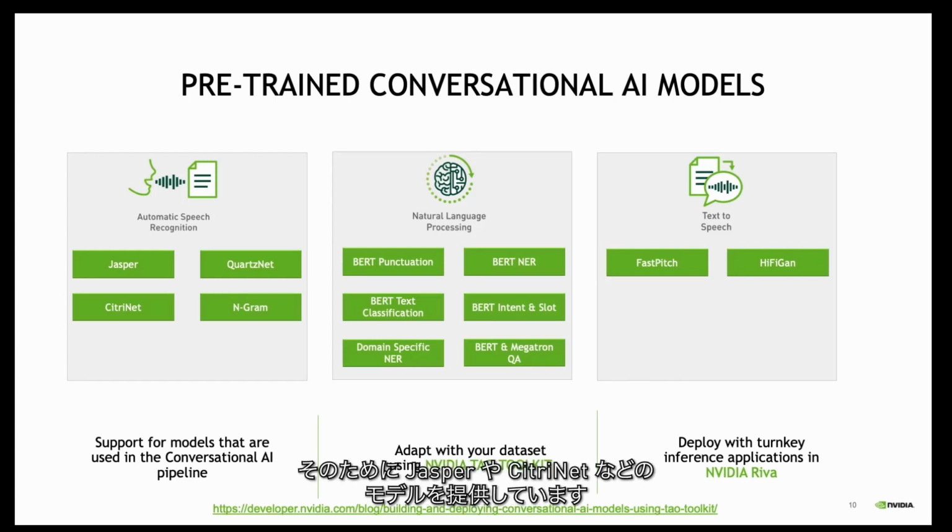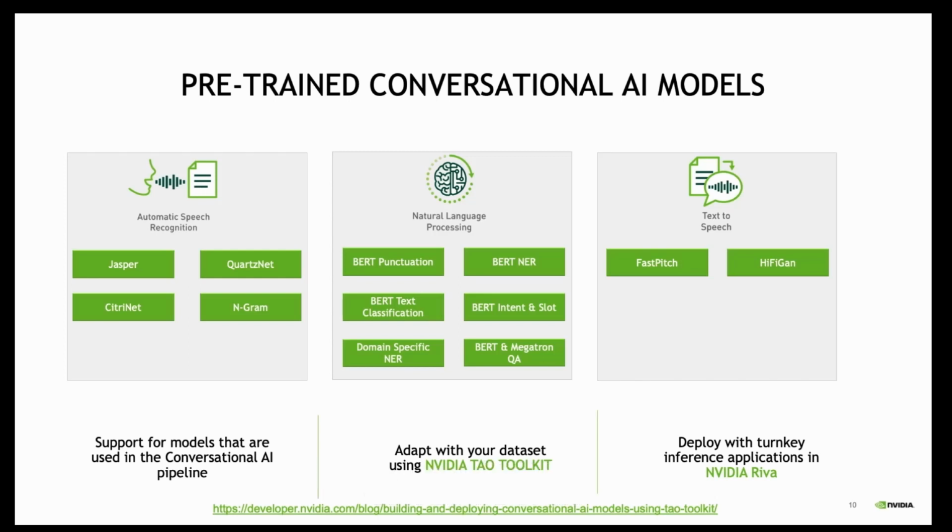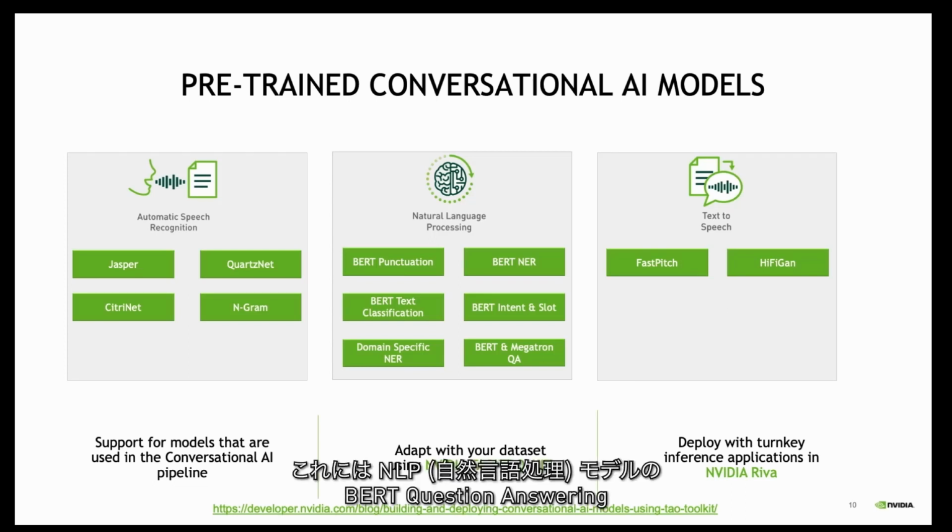For that, we have several models such as Jasper and CitriNet for automatic speech recognition. Once the text is synthesized, AI has to understand the punctuation, the intent, name recognition, and many more. So for that, we have NLP models supporting the TAO Toolkit such as BERT question answering, BERT NER, and many more.